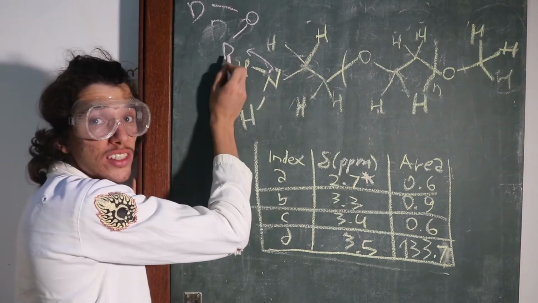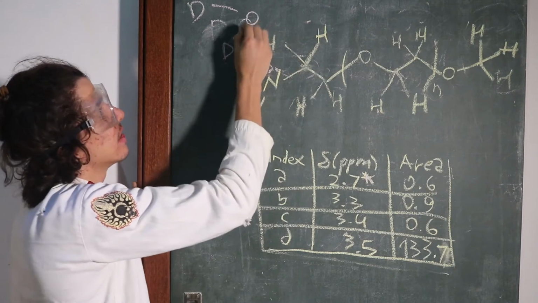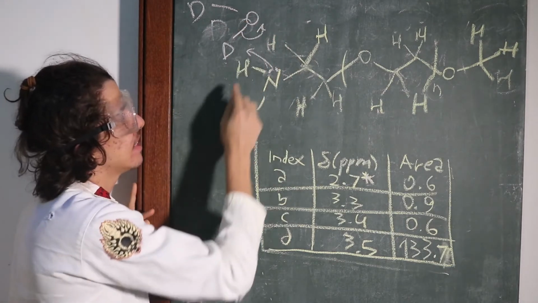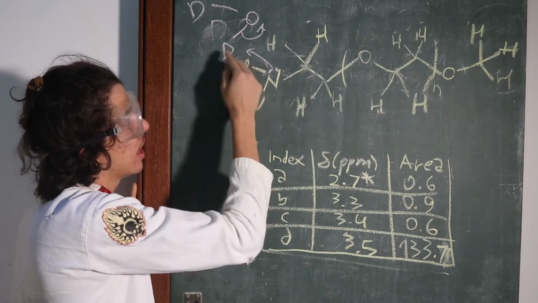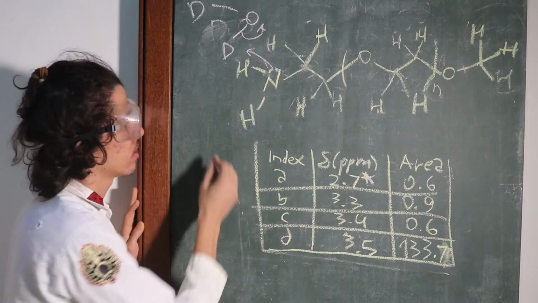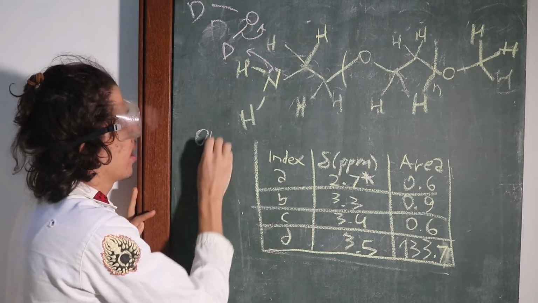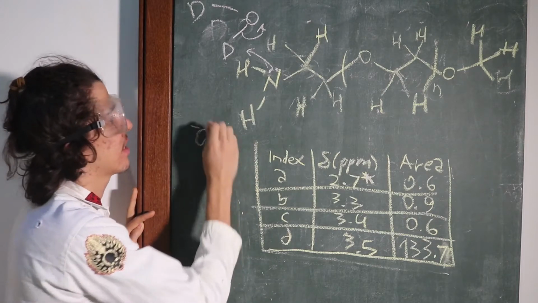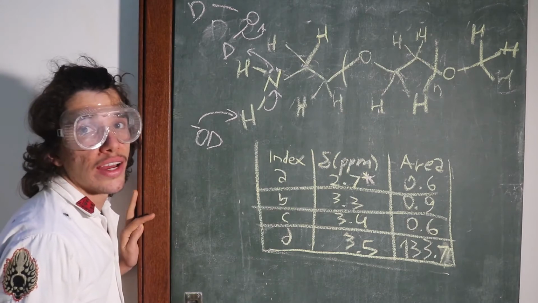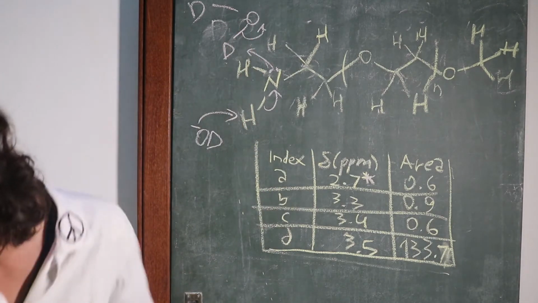So if we have this deuterium here, the nitrogen can attack it, and it gives the pair of electrons back to the oxygen, and this can go on eternally, because another molecule of the solvent, like OD minus, can come here and take this hydrogen and switch all these hydrogens.